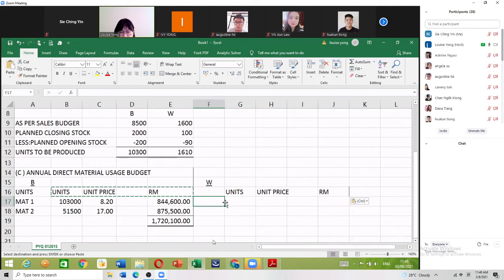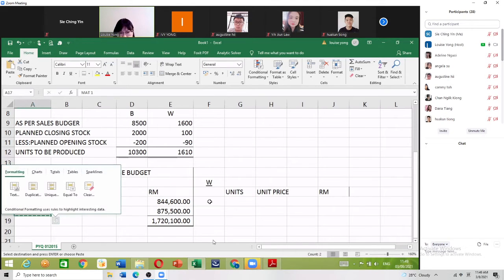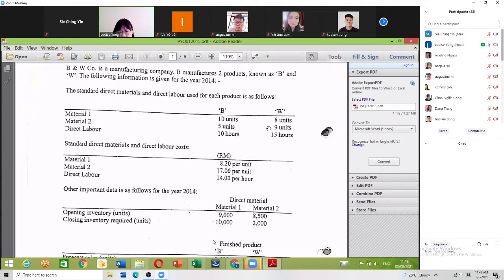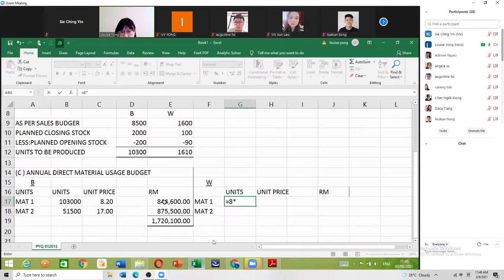Okay, for material 1, how many units? And material 2. Okay, so material 1 is 8 units, and this one is 9 units. Okay, so this is 8. Add multiply by 1610, and then this is 9, right?